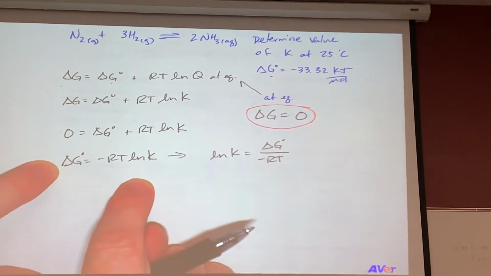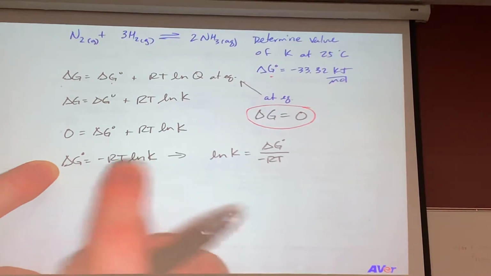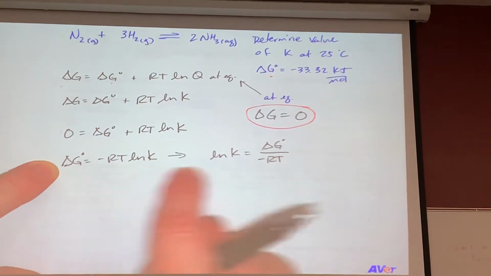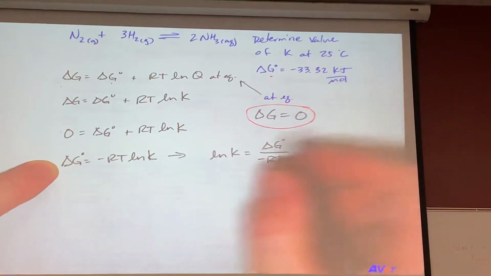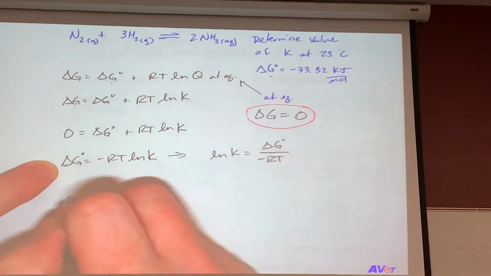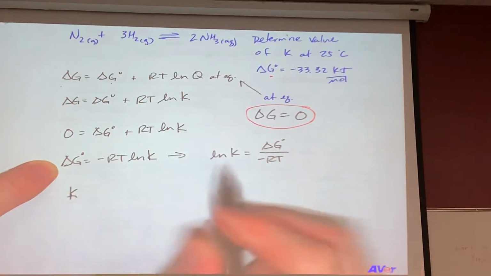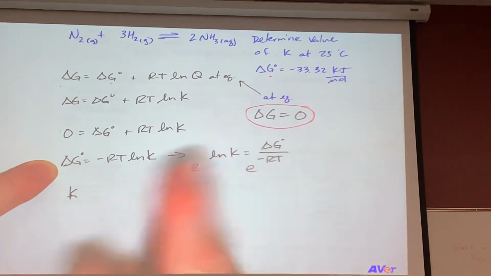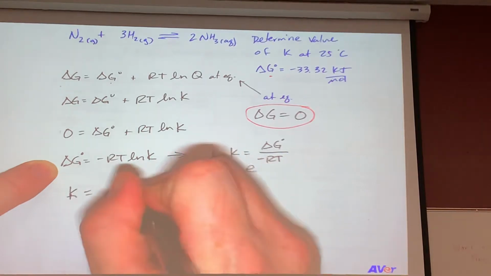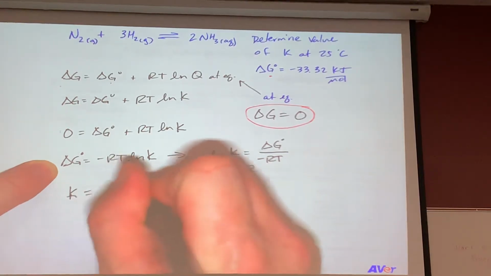And then I rearrange this yet again, divide both sides by negative RT, so I get ln K is delta G naught over negative RT. And then if I want to solve for K, you raise e to that. I go e to this and e to that. When I do this side, it becomes K, so e to the delta G naught over negative RT.